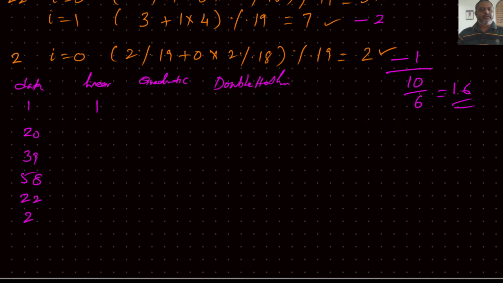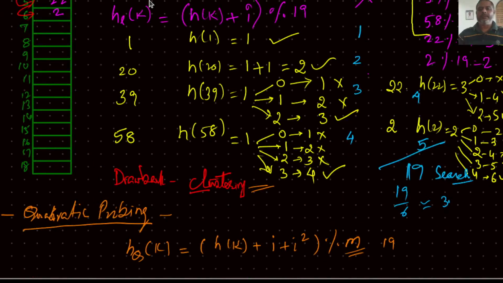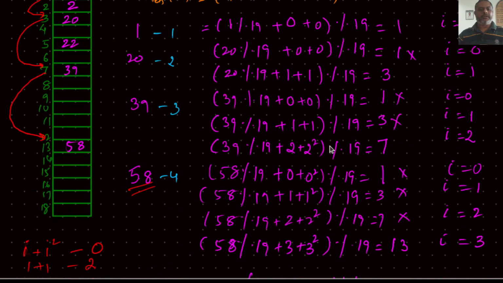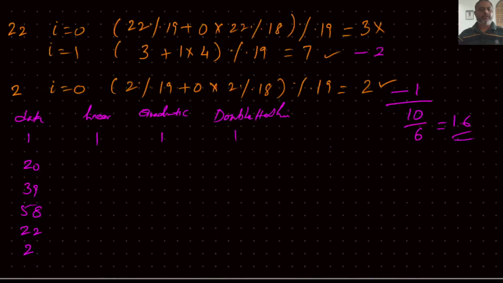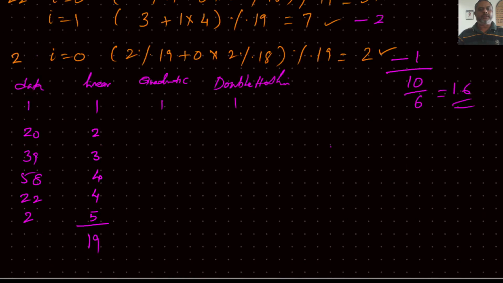So this was of course 1, 1, 1 in all the cases. Then we have 2, 3, 4, 4, 5. 2, 3, 4, 4, 5. The total was 6. So that was 19.